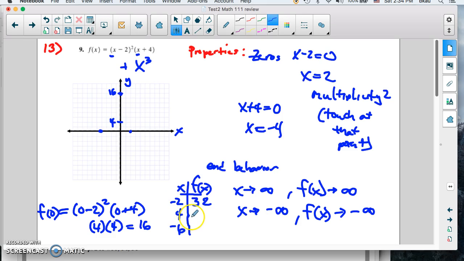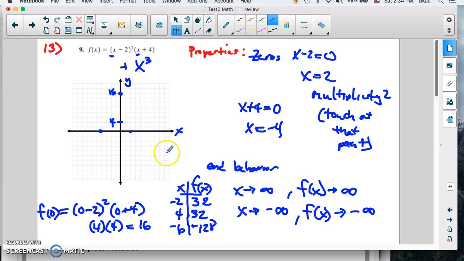Right, and then 4 is going to be 2 squared: 4 minus 2 is 2, 2 squared is 4, and 4 times 8 is 32 also. And negative 6 in there is going to be negative 8 squared, negative 64 times 2, so negative 128. So some very big numbers here.